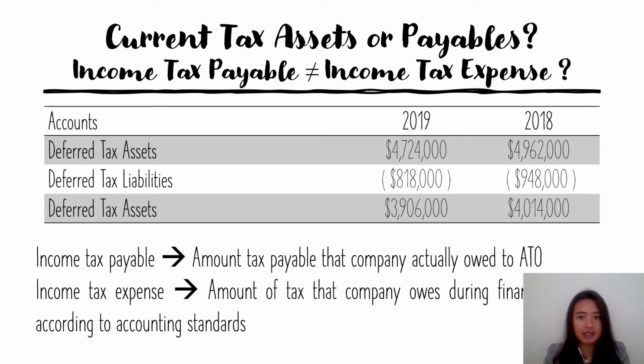Yes, definitely. As you can see in 2018 and 2019 in this table, there are two accounts, deferred tax assets and deferred tax liabilities. However, the company offsets those two accounts every year, which results in deferred tax assets for 2018 of $4.014 million and for 2019 of $3.906 million.